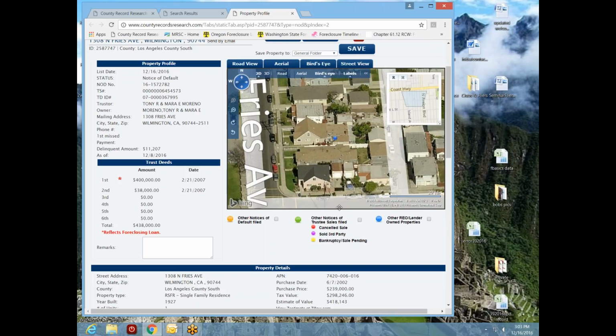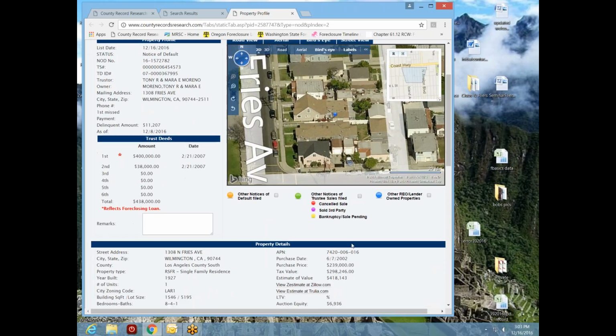So again, let's say that this place is worth about 4, and I'm just going to ballpark it. That's all we can do. I'm going to ballpark it around 4, and I'm going to say I want to pay around 3. Now, if I know that we've got these loans that are only 9 years old, they owed $438 before. Now, the $400,000 loan from '07 is delinquent by $11,000.